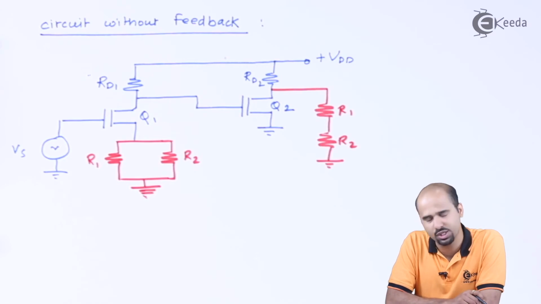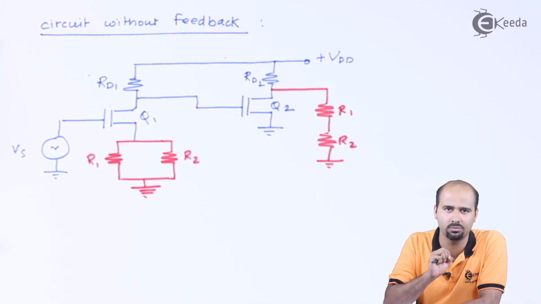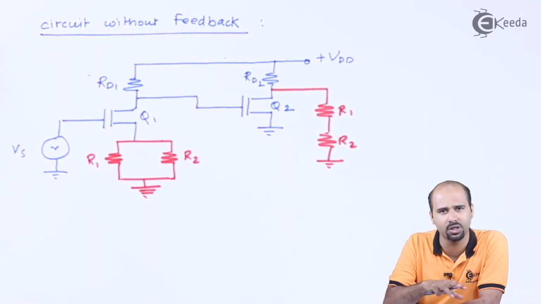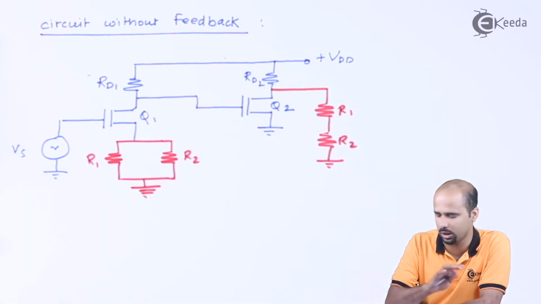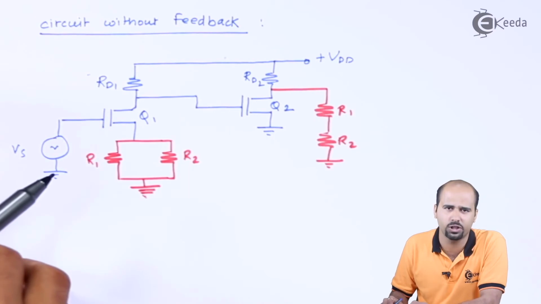Rather than that, instead of drawing the complete AC equivalent circuit, we know that my circuit is with GM1, GM2, VGS1, VGS2, which has been open circuit at the input side of each stage. So just keep those particular things in mind. It is not necessary to draw that AC equivalent circuit. If you have drawn it, it's better. If you have not drawn it, it's well and good. You can directly go ahead for the calculation.